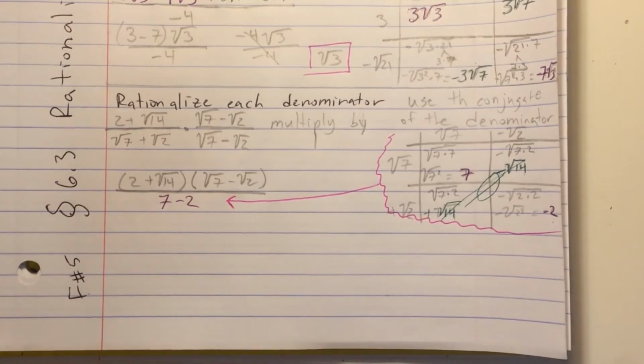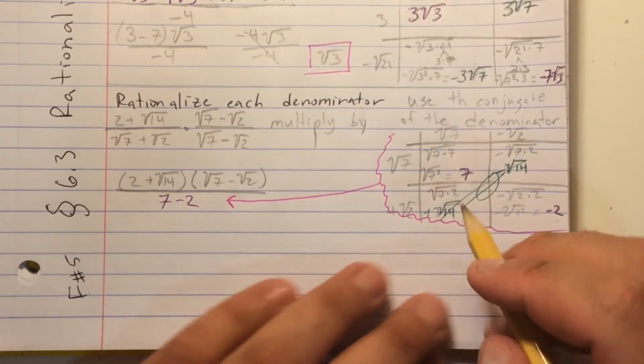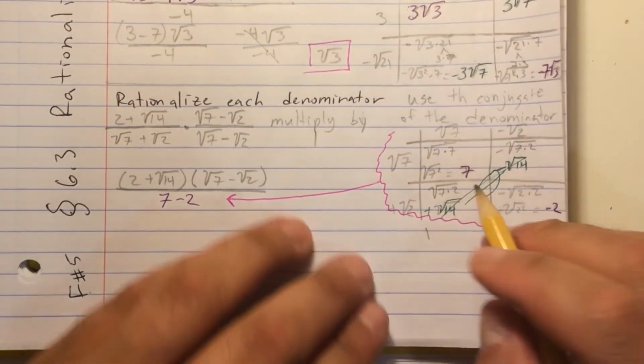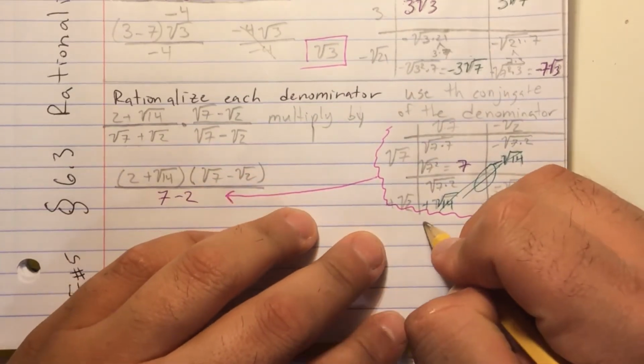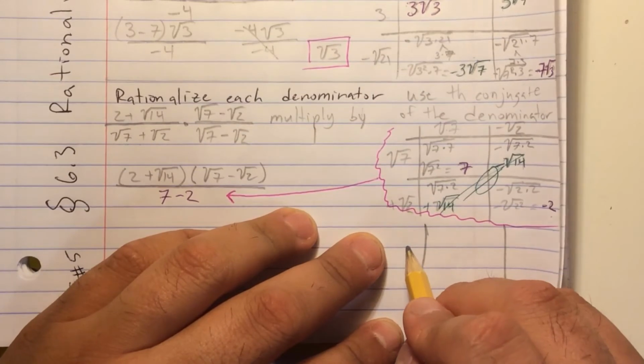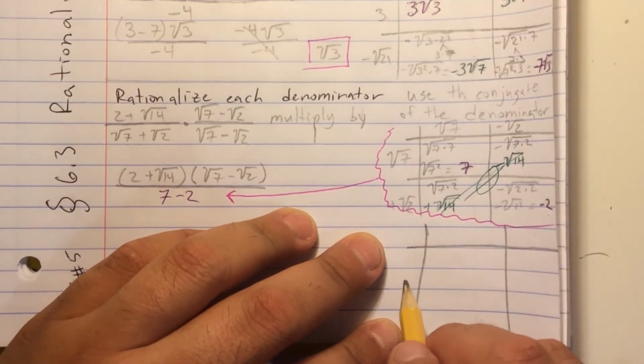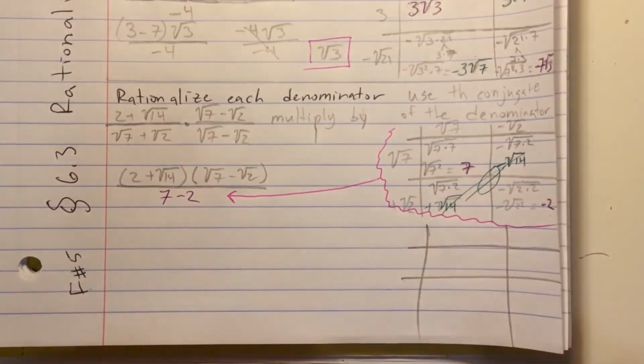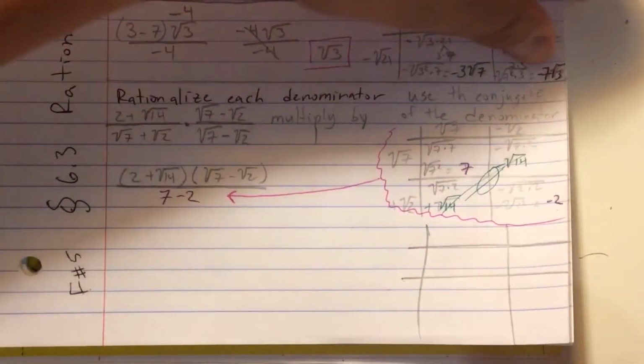Alright, so we're going to do another little mini one here. Oops, move this paper a little bit. I know I'm going to need more space on the bottom, so I'm just going to do that.